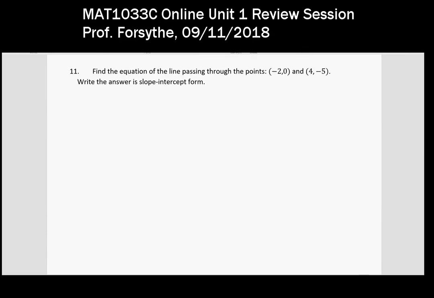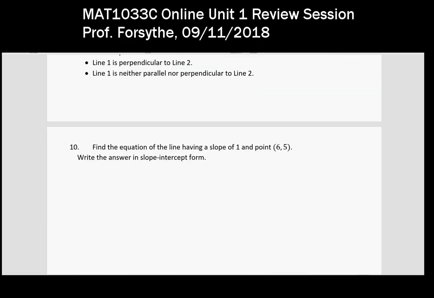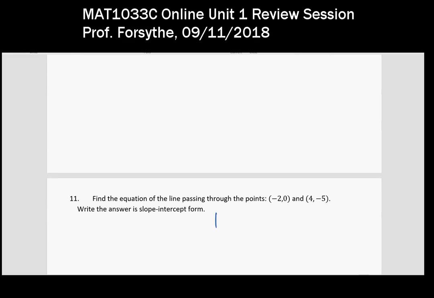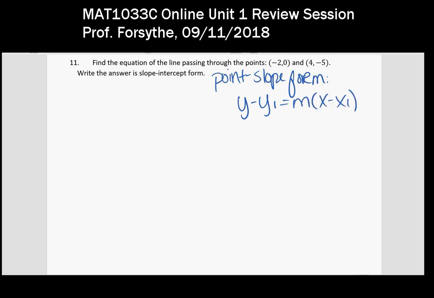Okay, gotta love technology. Alright, so again, we're going to start by rewriting point-slope form, which is y minus y1 equals m times x minus x1.